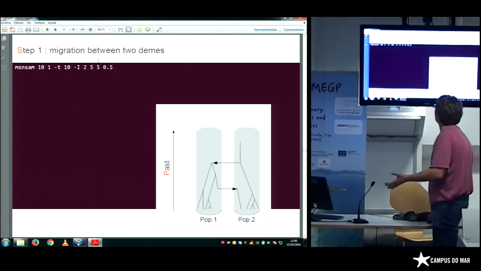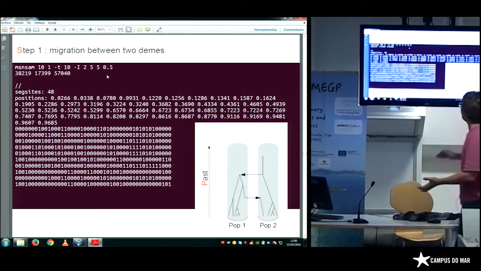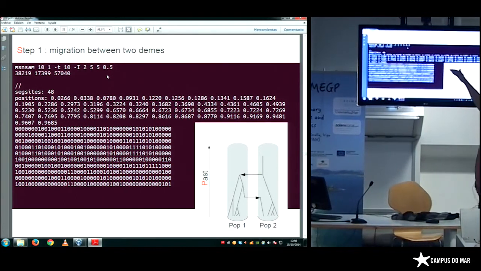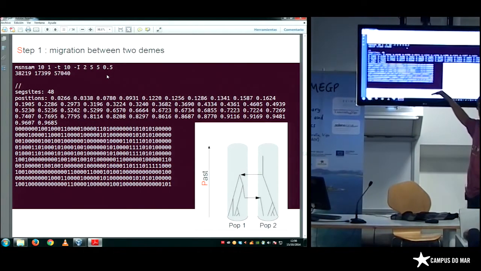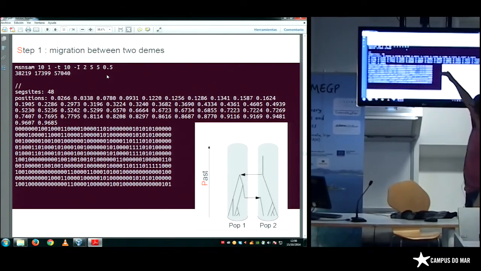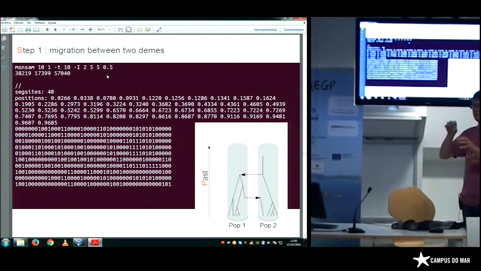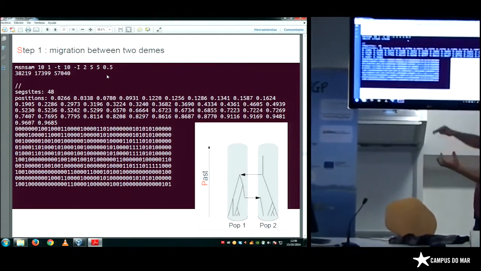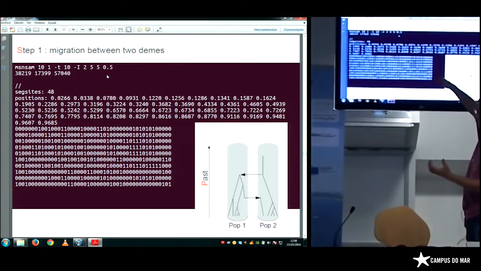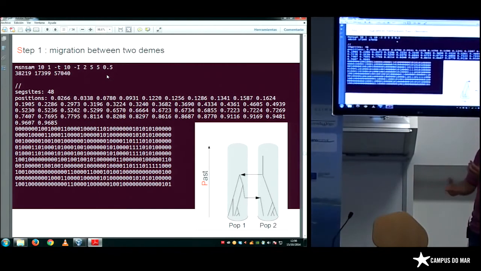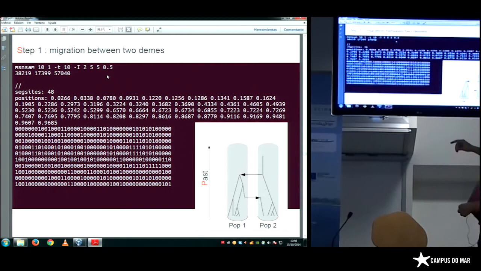Okay? So doing this, we obtain again 10 sequences. The first 5 are the 5 sequences of the first population, and the 5 at the end are the sequences sampled in the second population. Okay?